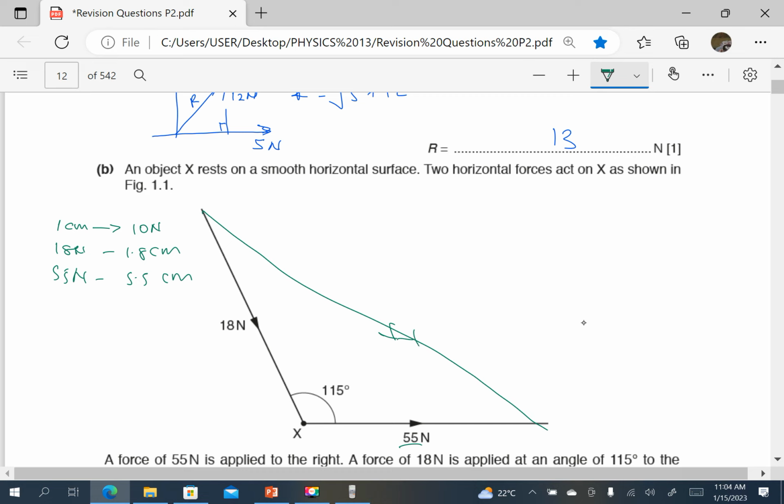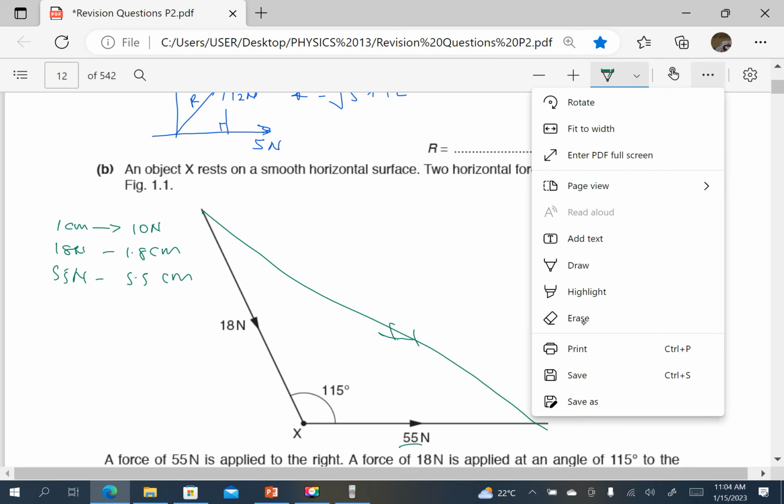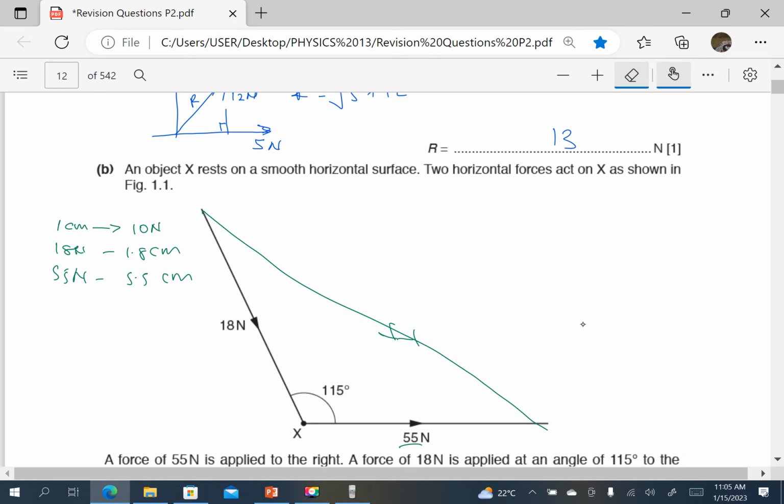So I just want to draw this to scale. To begin with, I'm going to draw a horizontal line here. I don't have enough space, so I have to rub off this line. I want to use this space for the scale diagram.